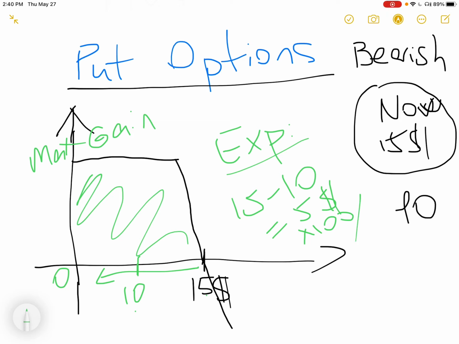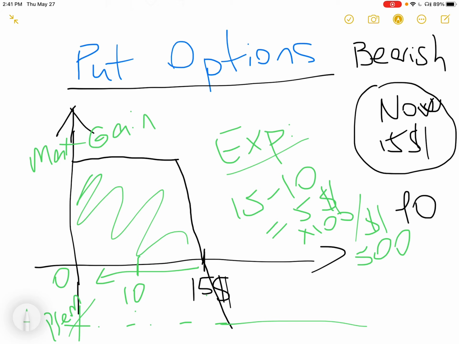So you make $500 profit minus your premium, whatever you paid for it. In a put option, your losses also will be minimized because your option can only expire without happening much, and what you're going to be losing is the premium you pay for buying that option.